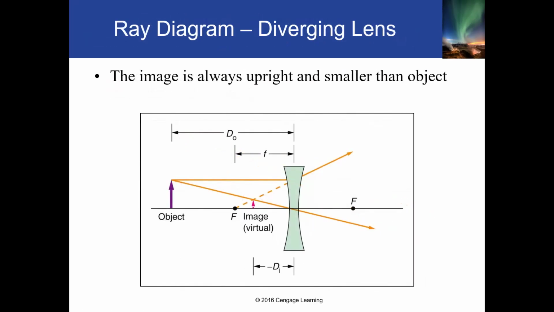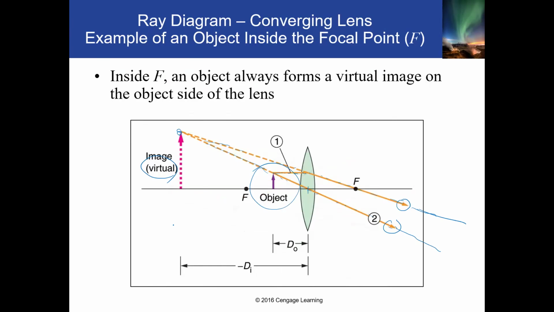So now let's assume you're drawing the ray diagram for a diverging lens. Again, your diverging lens has two focal points, but for the diverging lens you have to use the focal point on the same side as the object. You see the differences. This is your converging lens.